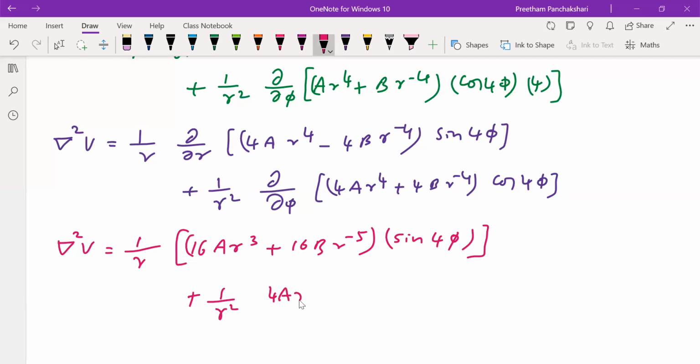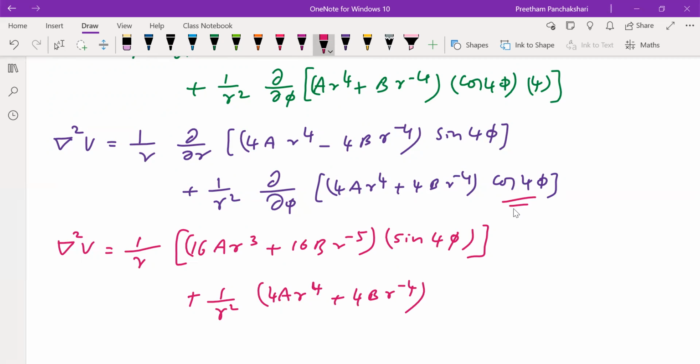So 4a r power 4 plus 4b r power minus 4 are kept as they are because they are constants. With respect to phi, we have to differentiate cos.